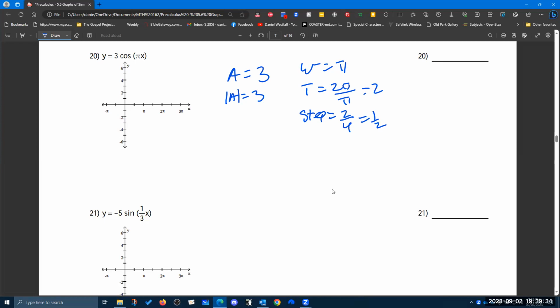So we're going to start with my maximum at 3, and then I need to go 1/2 to the right of that.